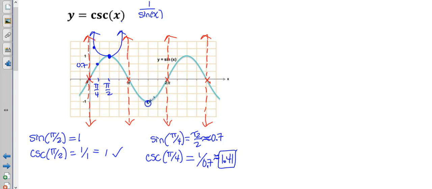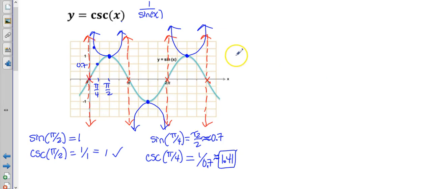So the 1 and -1, where the y value is 1, those become our starting points. And this is what happens. So we can actually technically use the sine wave to build cosecant.